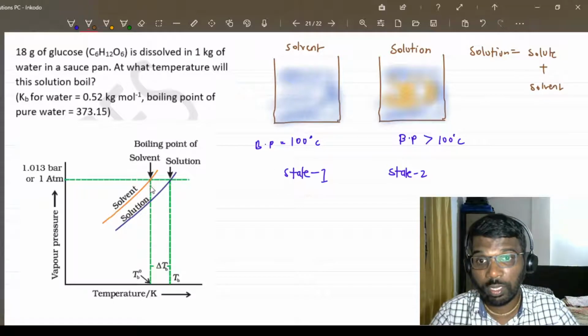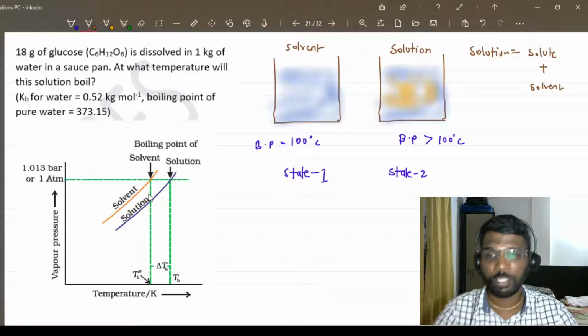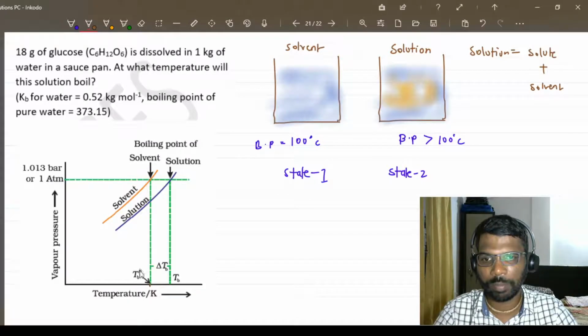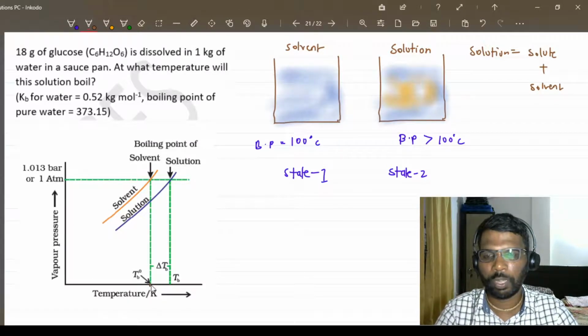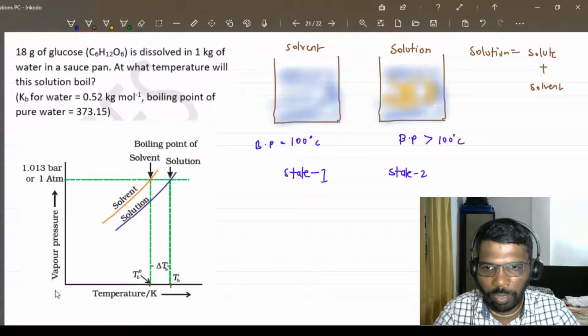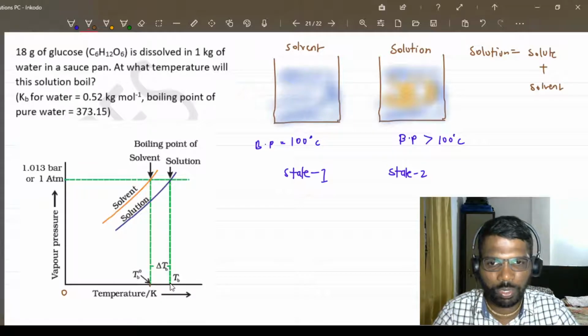Boiling point is the temperature at which vapor pressure becomes equal to the atmospheric pressure. This is T naught B, the pure boiling point of the solvent. This is the higher boiling point, so TB is the higher value.